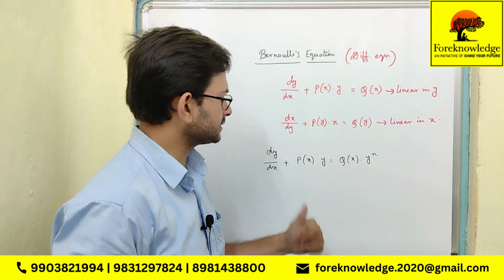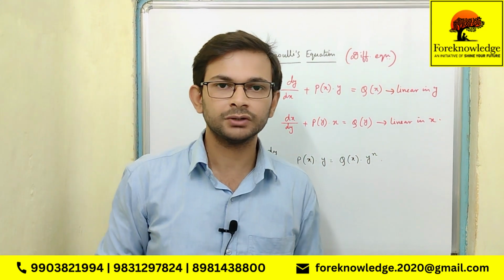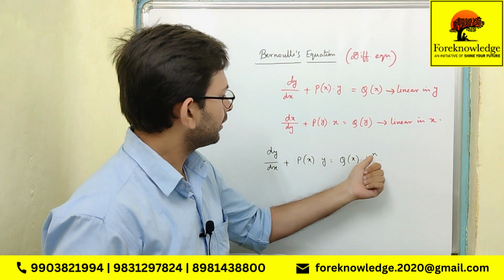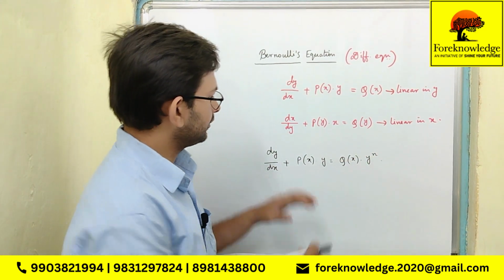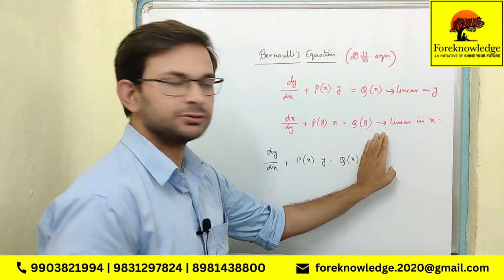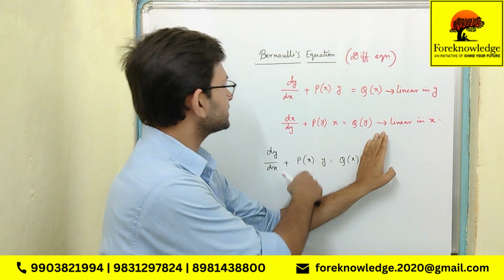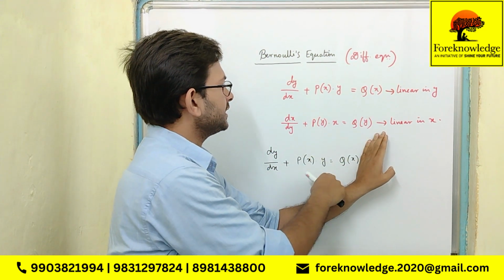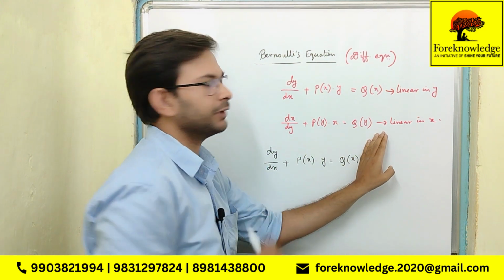Now, if n is 0, then y to the power 0 is 1, so y to the power 0 disappears. So this is the same as the equation dy/dx plus p(x) into y equal to q(x). Basically this is linear in y.